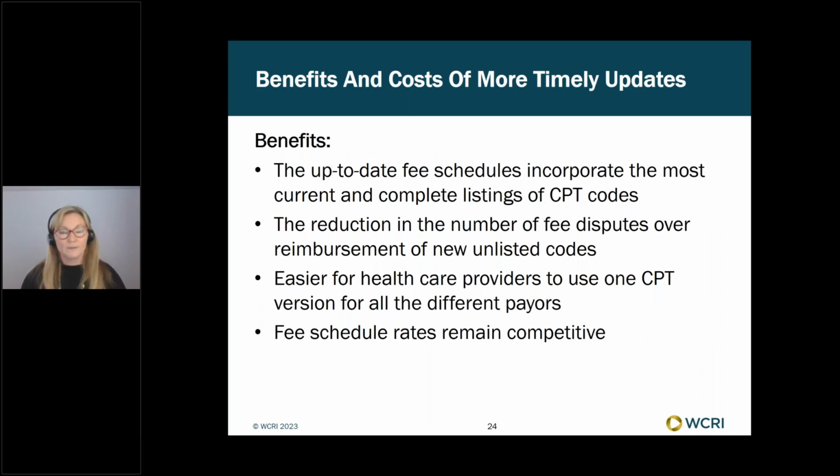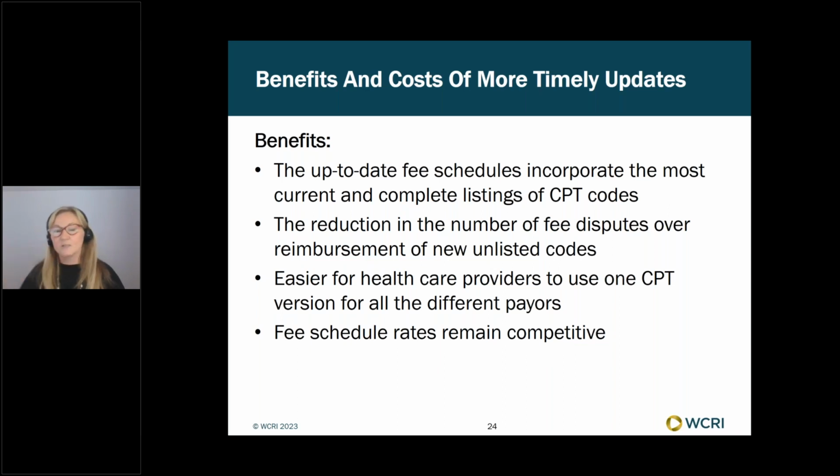So what are the benefits and costs, of course, of timely updates? First, implementation of more up-to-date fee schedules helps to stay current with new developments in the medical field and changes in the coding rules. It also reduces the number of fee disputes over reimbursement of new procedures.